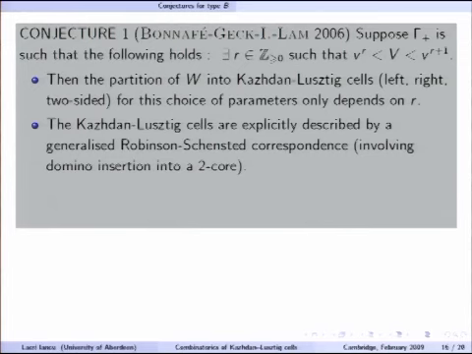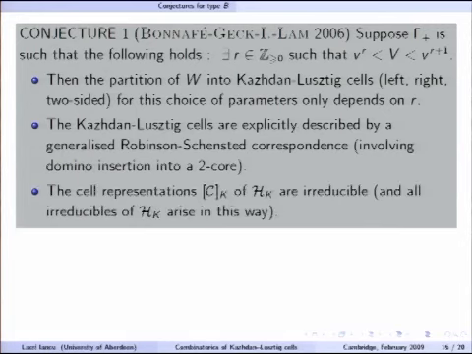The cells are explicitly described by a generalized Robinson-Schensted correspondence, but this time it's not so user-friendly. It involves domino insertion into a 2-core, and that 2-core actually has size R. This is where the R comes into play.